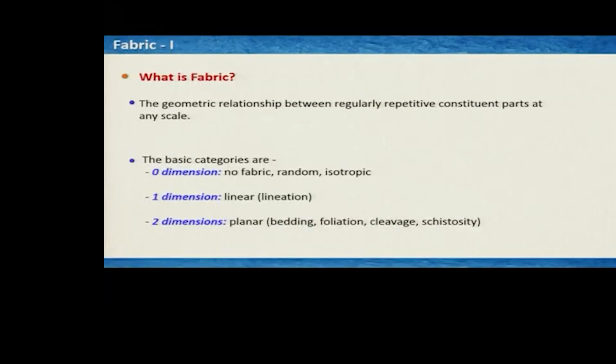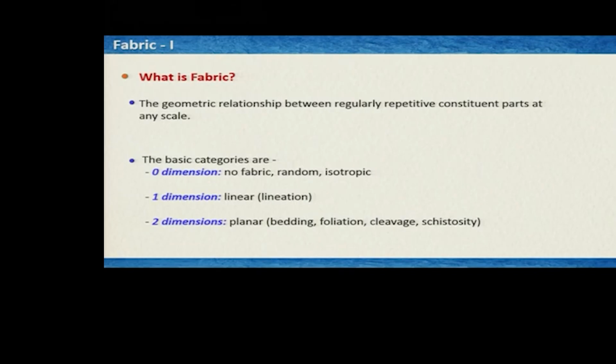These elements are distributed within the volume, and their arrangements, their geometries and their relationship with the neighboring grains, which constitute the entire volume, are known as fabric. I repeat, the geometric relationship, that is very important. It is geometrical parameters, between regularly repetitive constituent parts at any scale. That means it has to be all over the volume of the body we are concerned with.